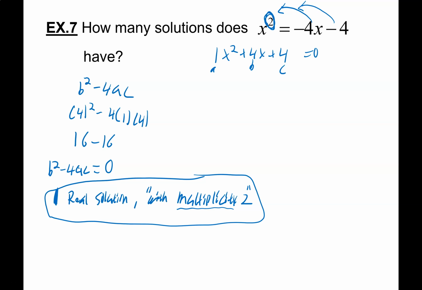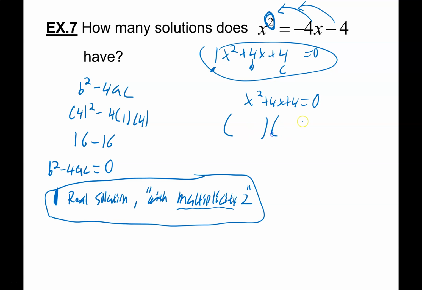So if I were to take this equation here, x squared plus 4x plus 4 equals 0, I know I can solve that by factoring really easy. That's x plus 2, and then you set it equal to 0.